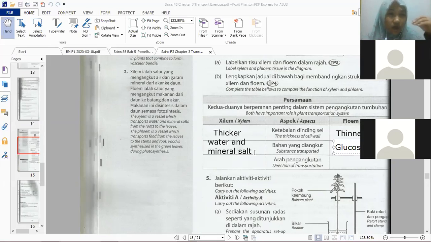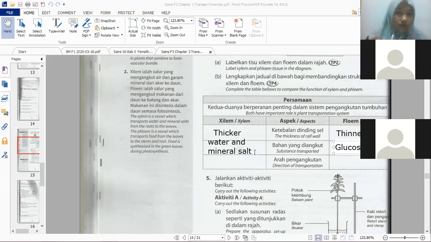Tapi bila dia put salt means that the substance is like they have been chemical, dia dah combine dengan chemical, so that's why they call as salt because dia dah jadi macam bentuk particles macam tu.